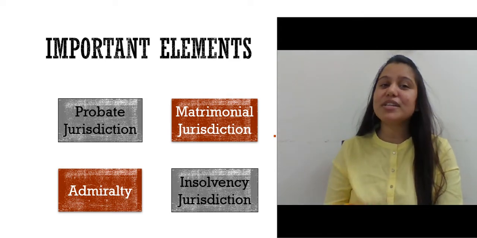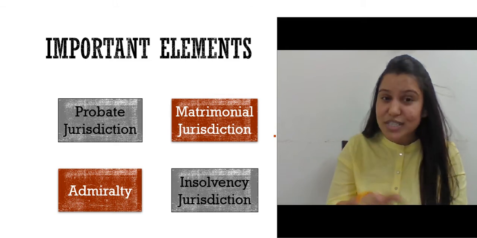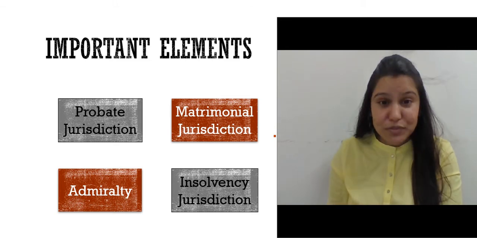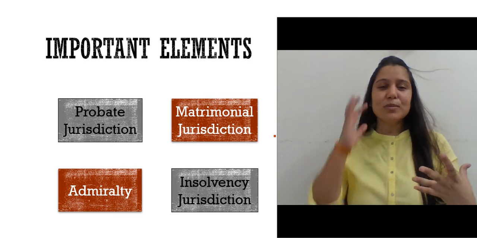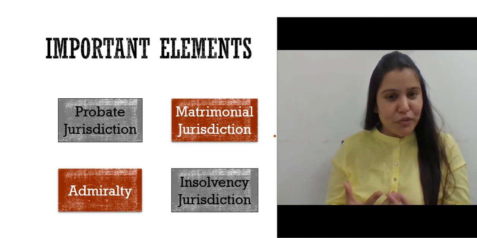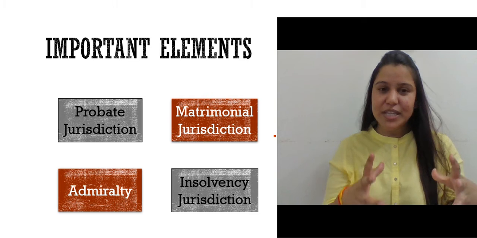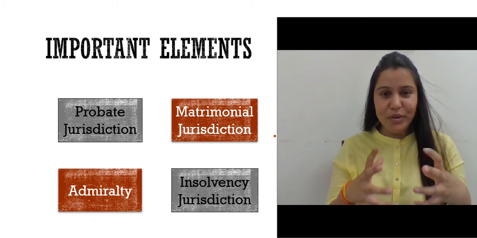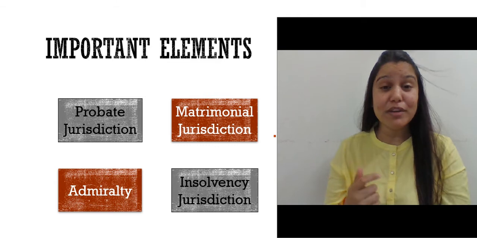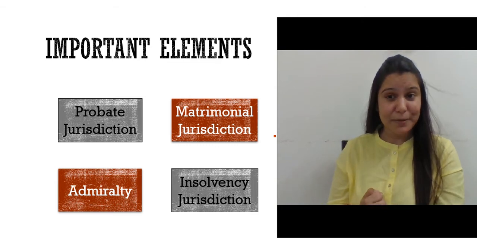So say, if there is any case related to these 4 matters, let's take an example of the matrimonial jurisdiction. Say A and B are married, right? If they are in court for the marriage certificate, they have got the legal status of being married.